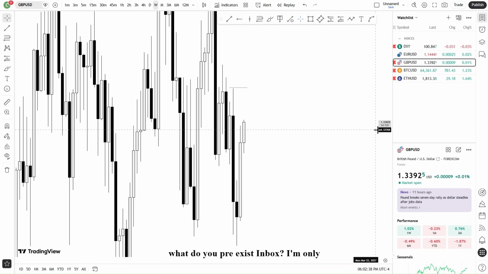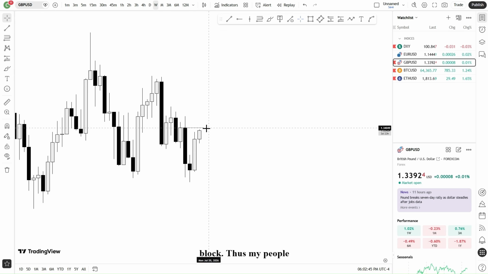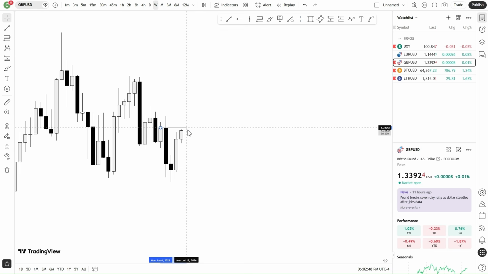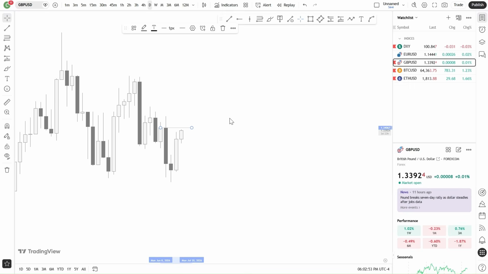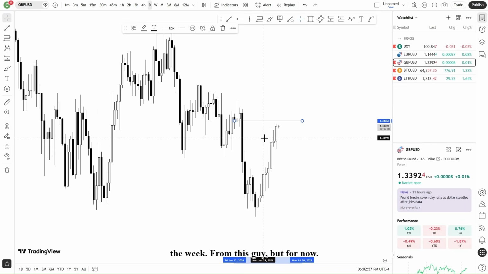But I'm not really focused on GBP. So we'll be looking at this particular rejection block. That's my pivot. That's what I'm looking at, right? For GBPUSD reactions. So we can be anticipating the high of the week from this one.